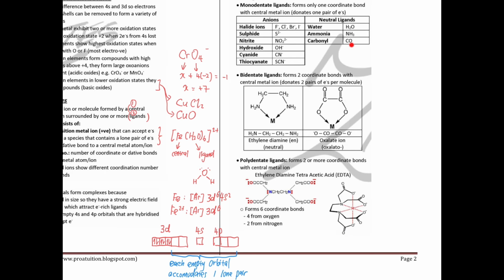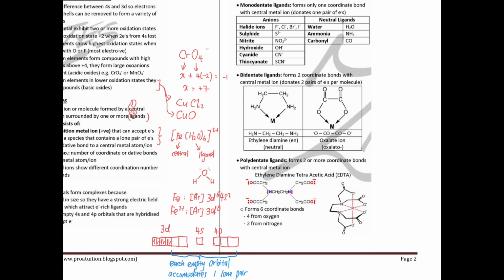Okay, so this is neutral, and most of the ligands are anions, which means they are negatively charged. We have halides. So you have to imagine they have lone pair. Sulfides have lone pair. NO2 2 minus nitrite, hydroxide, cyanide, thiocyanide.